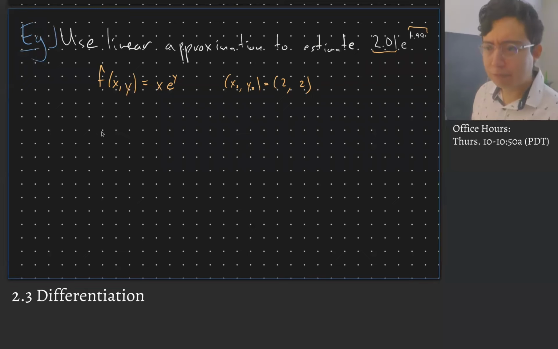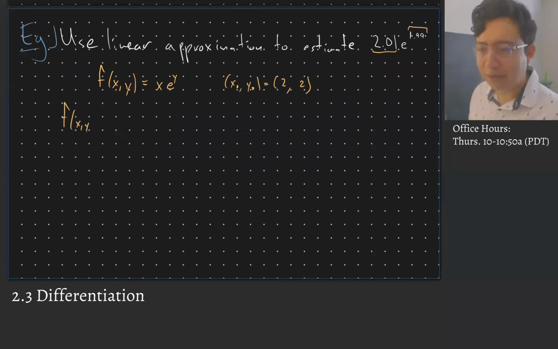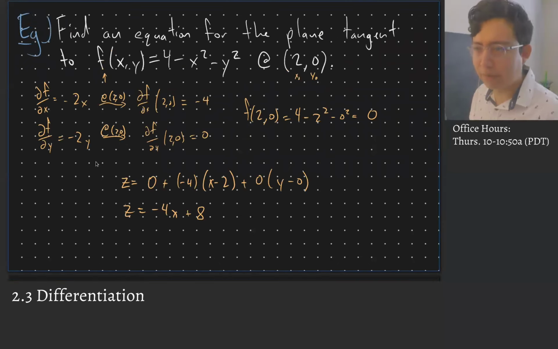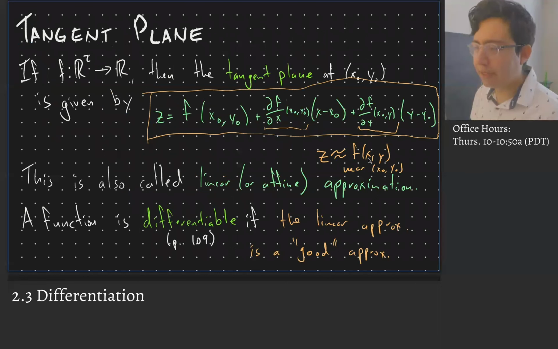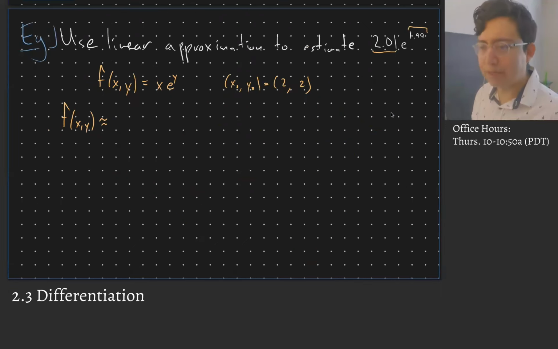So what we can say is that f of x comma y is approximately... I'm going to go back a couple of slides just to point something out, and I'll come back to this slide. We said that f of x comma y is approximately z near this point. So we're going to use this formula to approximate f of x y.